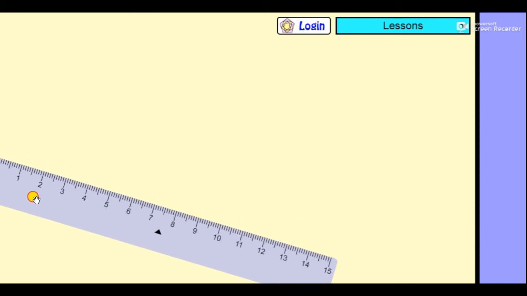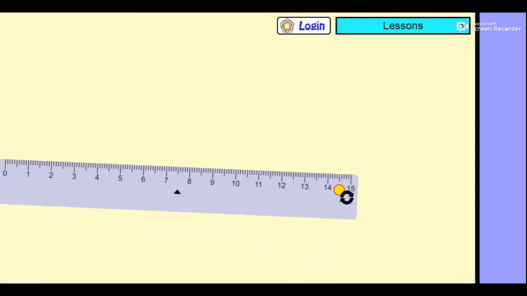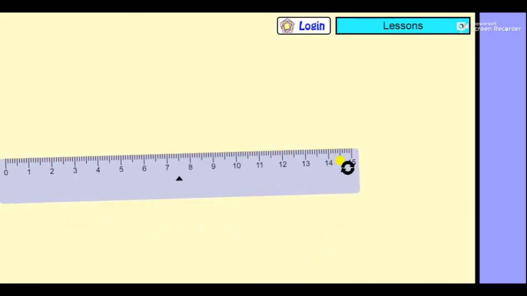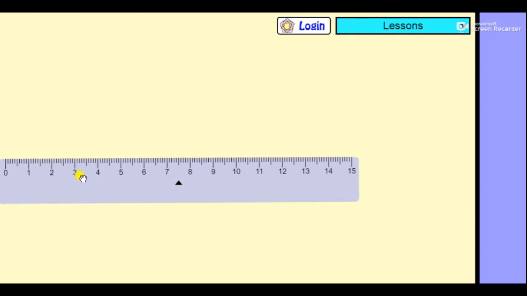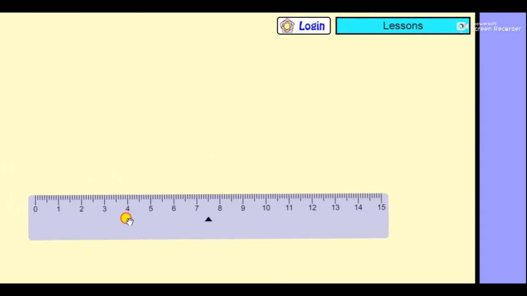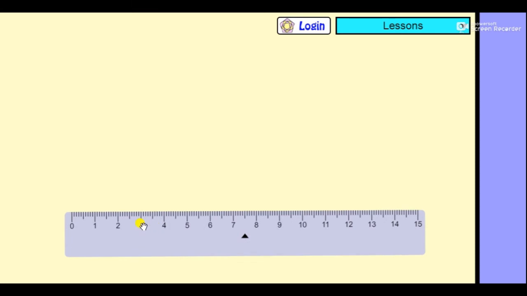So how can we find the 90-degree triangle? First, draw a line that is 6 centimeter. It is about 6 centimeter, or you can say it is 8 centimeter. It is clear, 8 centimeter.